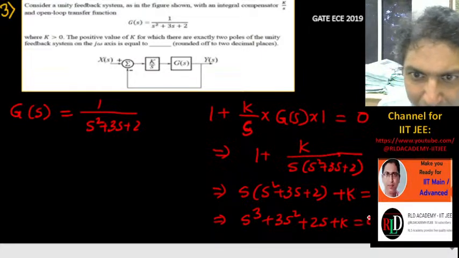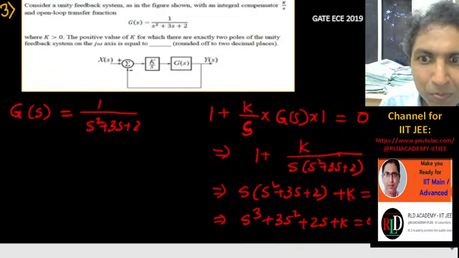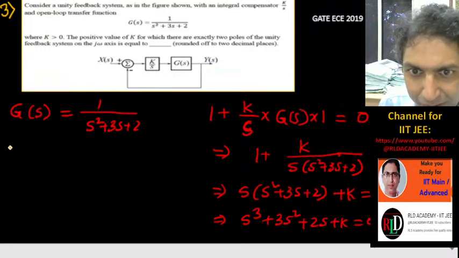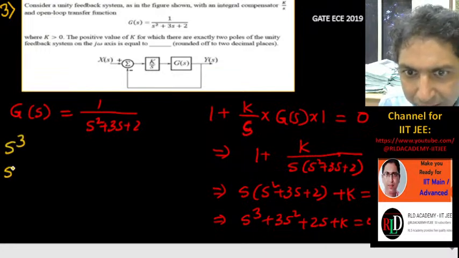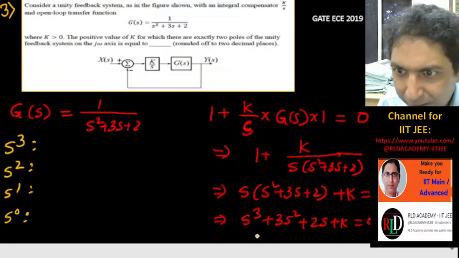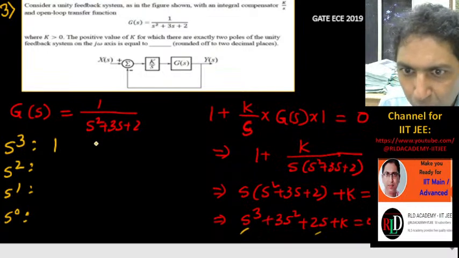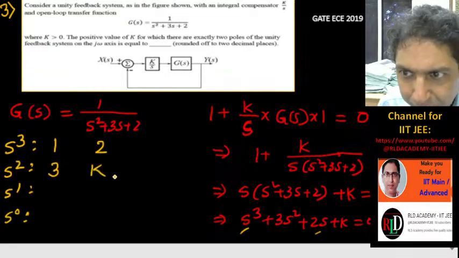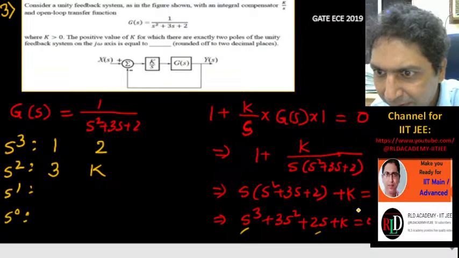Then from this polynomial we can make the Routh-Hurwitz table: s cube, s square, s to the power 1 and s to the power 0. For s cube, the coefficient is 1 and the s coefficient is 2. For s square, the coefficient is 3 and the constant value is k.